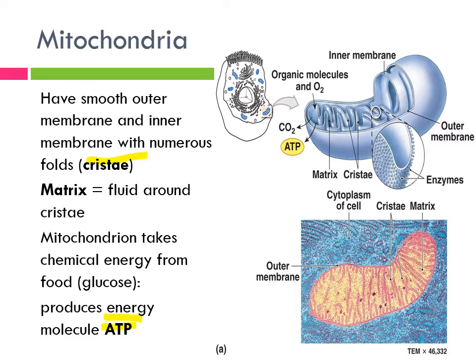We're going to talk a lot about it, and in A&P 2 you're going to learn about energy production toward the end of the course with cellular respiration. But for right now, just know that ATP is our energy molecule within the body. It's how we power everything that we do, and it's produced in the mitochondria, most of it.